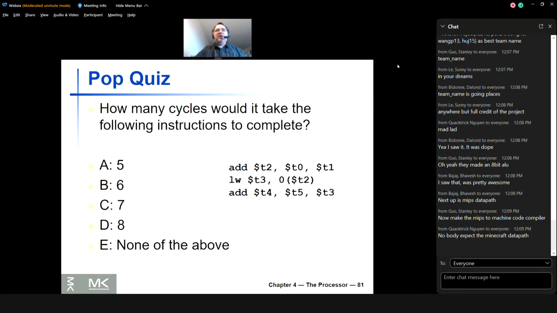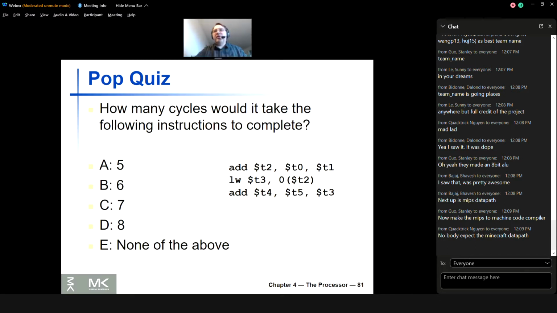Of course, everything hinges on the idea that there will be data hazards. There are some data dependencies that would prevent these 3 instructions from proceeding without any bubbles, without stalling the pipeline. So if we didn't have any stalls, how long would it take to execute these instructions?